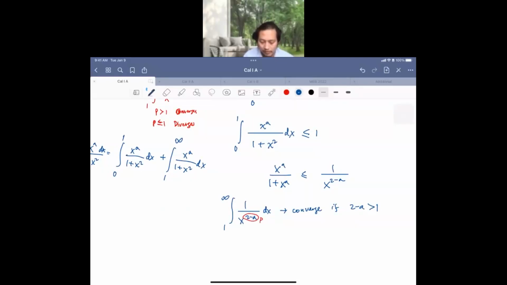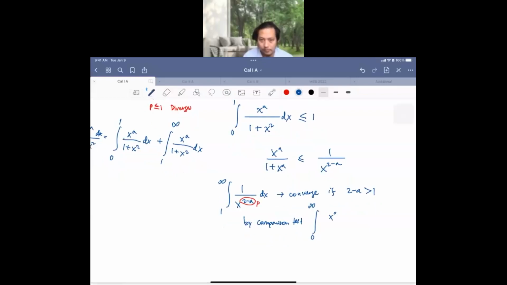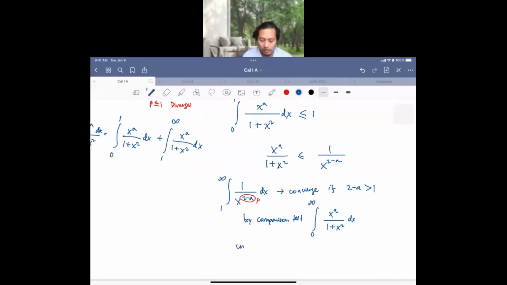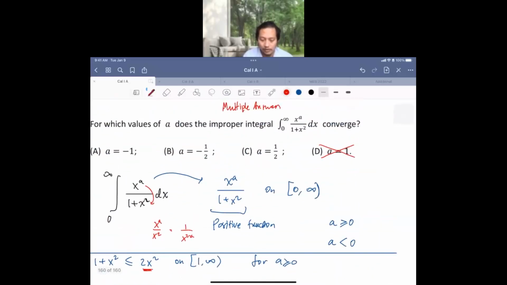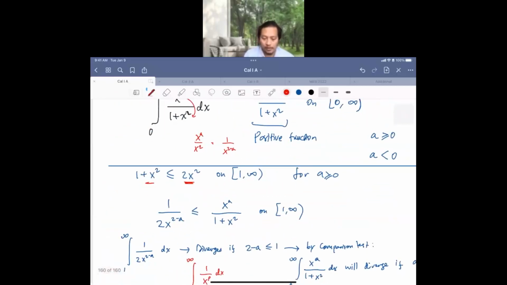And by comparison test, then the integral from 0 to infinity of x to the power of a divided by 1 plus x squared dx will converge if a is less than 1. Okay, that's the first case.